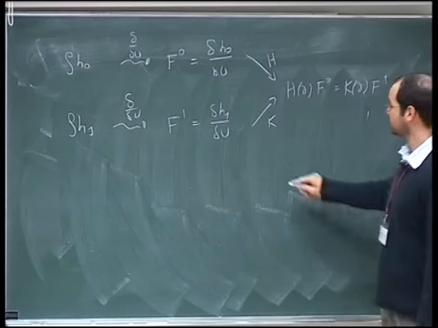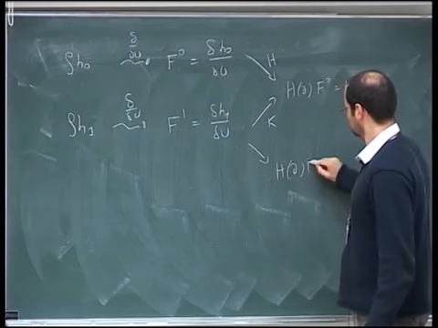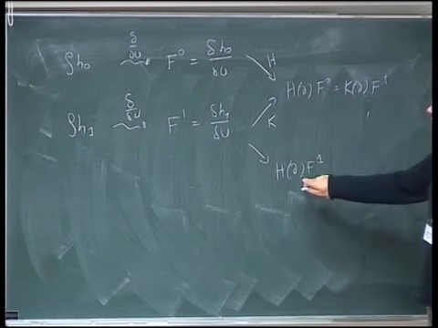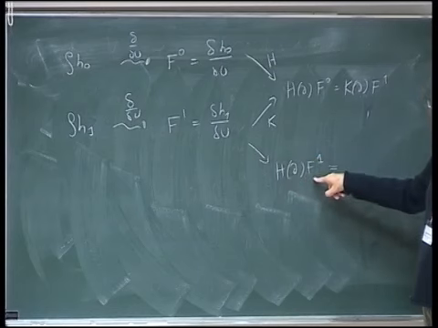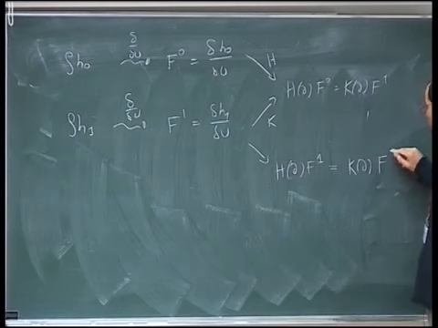And then we can apply H to f1. And then using the orthogonality condition, you can say that this belongs to the image of K. So you can write it as K of D of something, which we call f2.